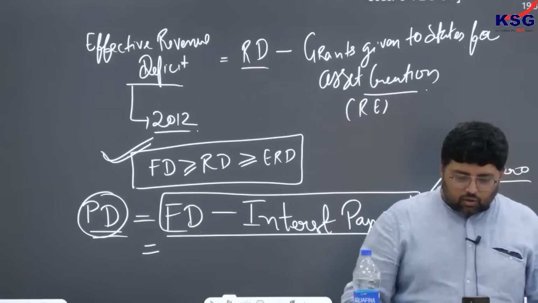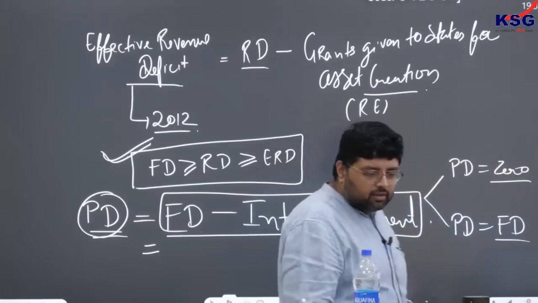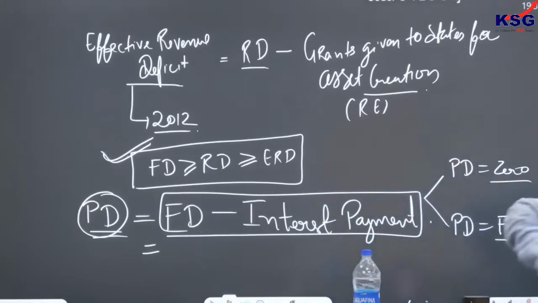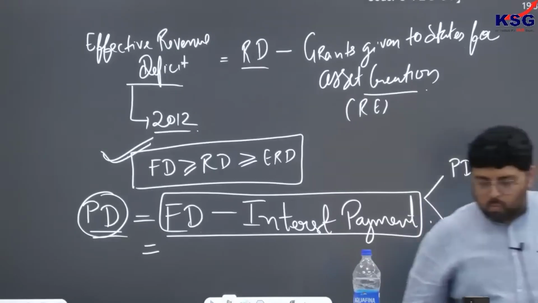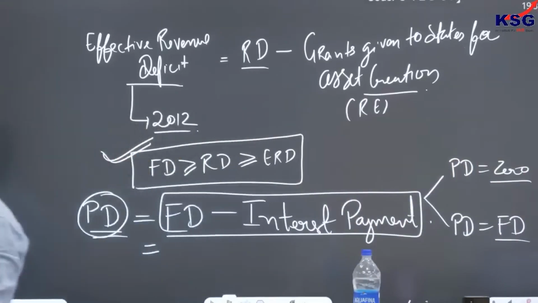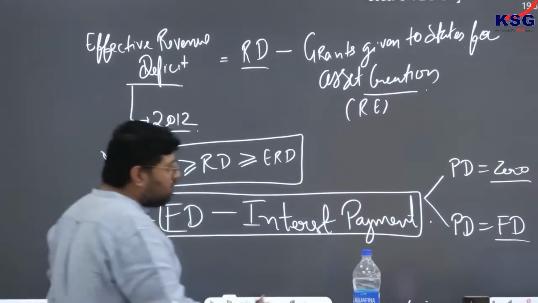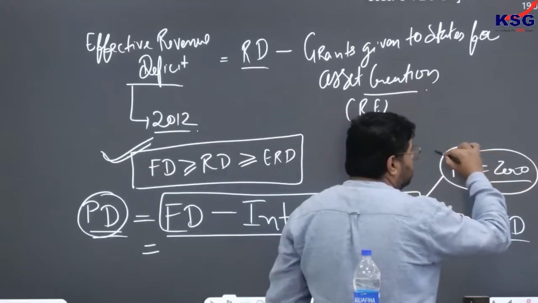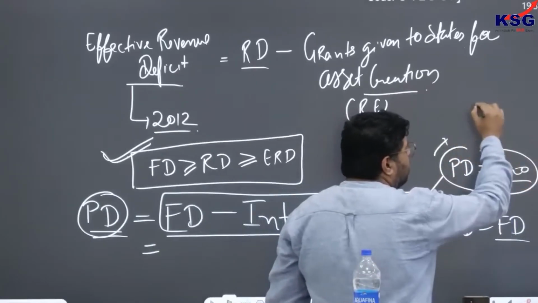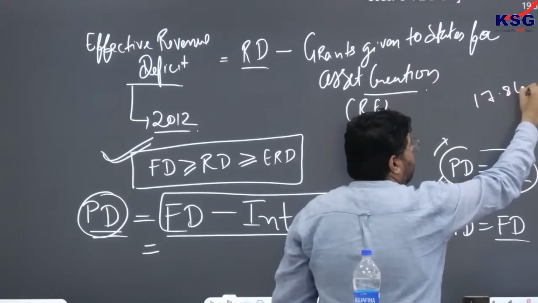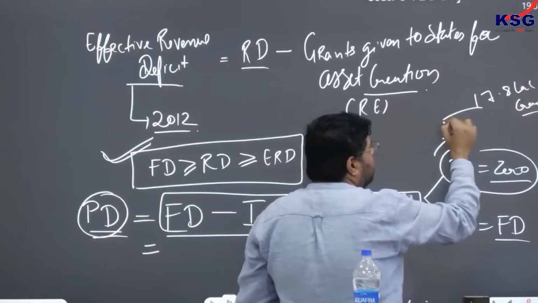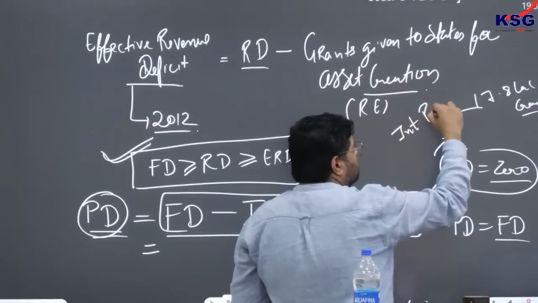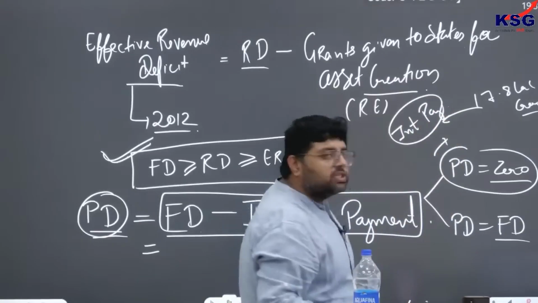So I have given you the question: which one is good for the economy? Is it FD equal to 0, PD equal to 0, or PD equal to FD? See, if PD is equal to 0, it means whatever total borrowing I have taken, 17.8 lakh crore, has been spent on interest payment.